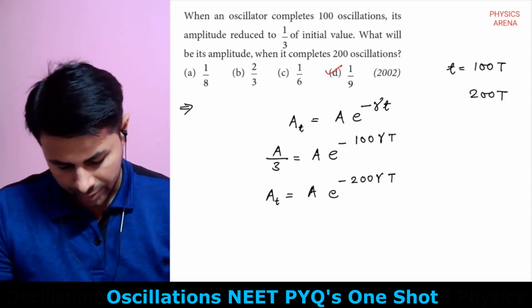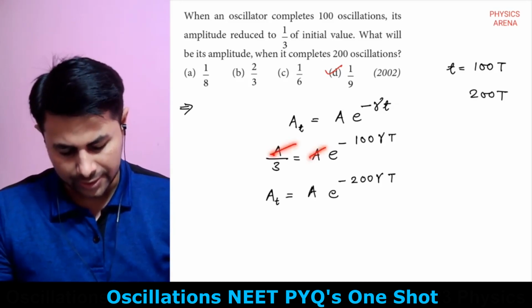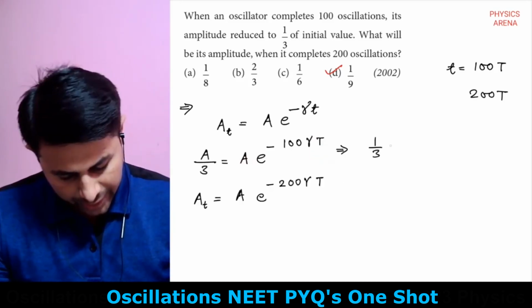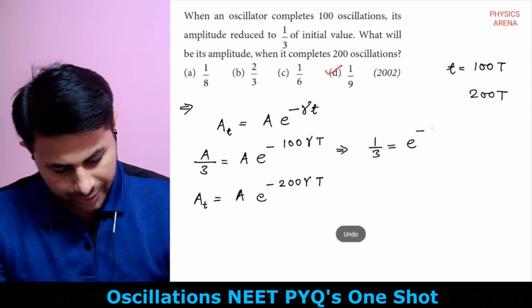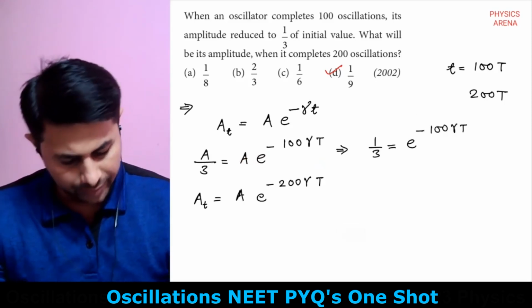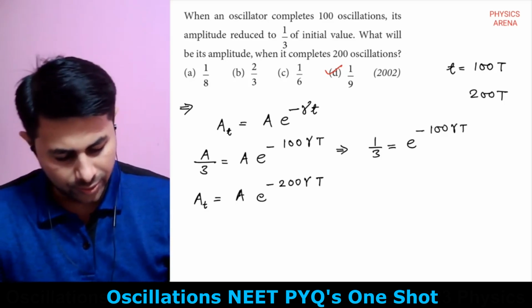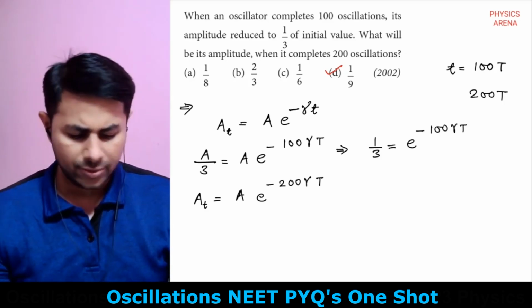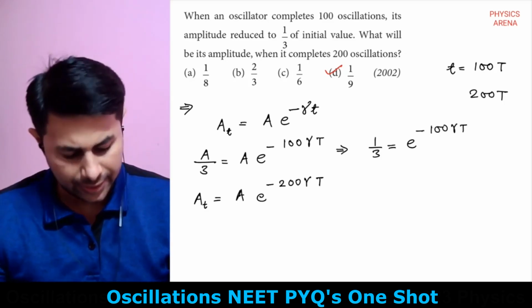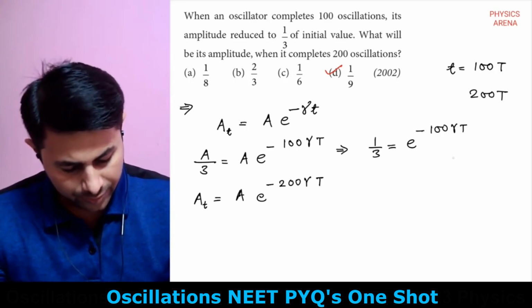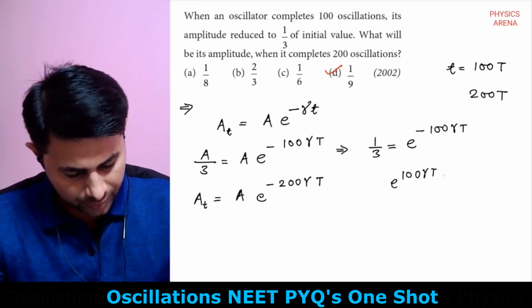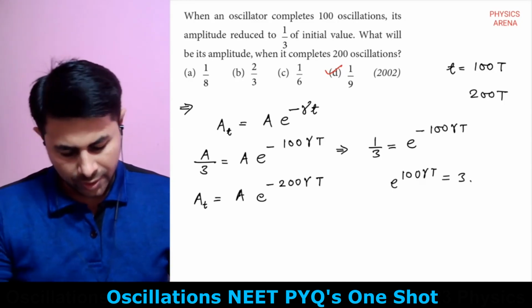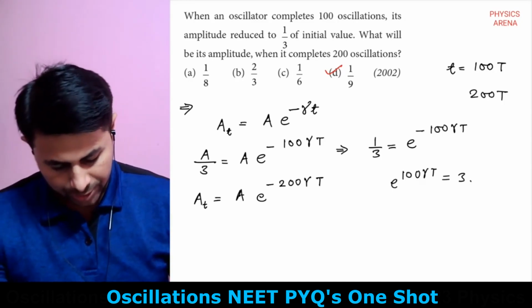Actually this thing and this thing get cancelled. It is 1 by 3 equals e raised to minus 100 gamma T. So you can write 3 is equal to e raised to 100 gamma T. So e raised to 100 gamma T equals 3, and you can substitute that here.